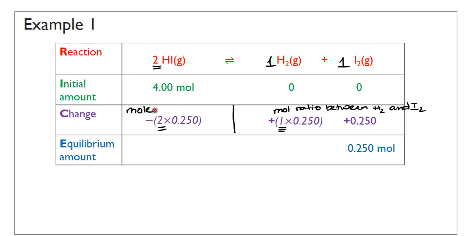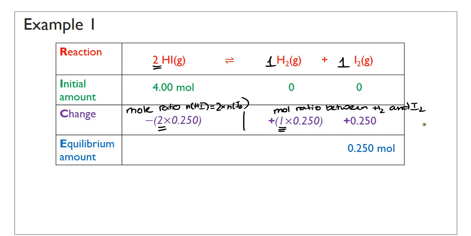If you look at the equation, the mole ratio between iodine and hydrogen iodide is just 1:2. So you should have twice the amount of hydrogen iodide. So the mole ratio is n of HI equals 2 times n of I2.